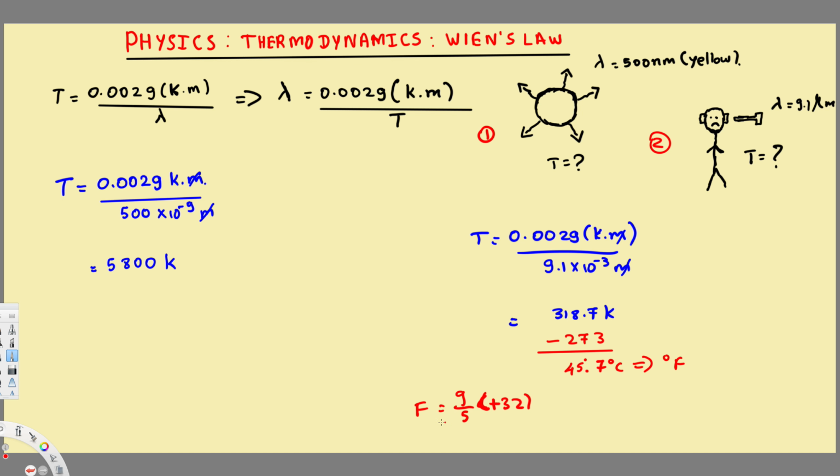So if you plug in this value, this is going to be 9/5 times 45.7 plus 32, and if you calculate this one, that's going to give you 114.2 degrees Fahrenheit.